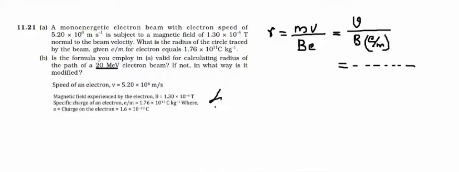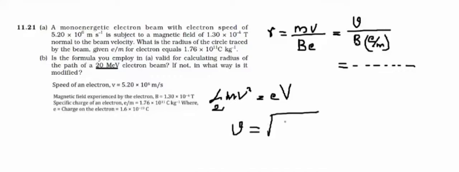Using the formula half mv square is equal to eV, from there you can find the value of v. You will get v equal to under root 2eV by m. So here also, when the energy is that high, you can see the value will be more than the speed of light.